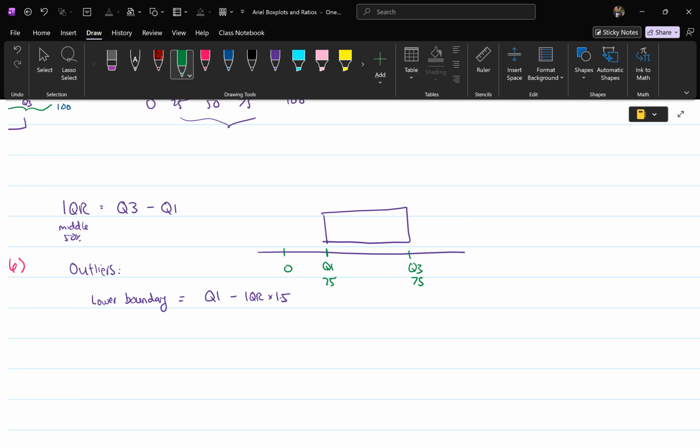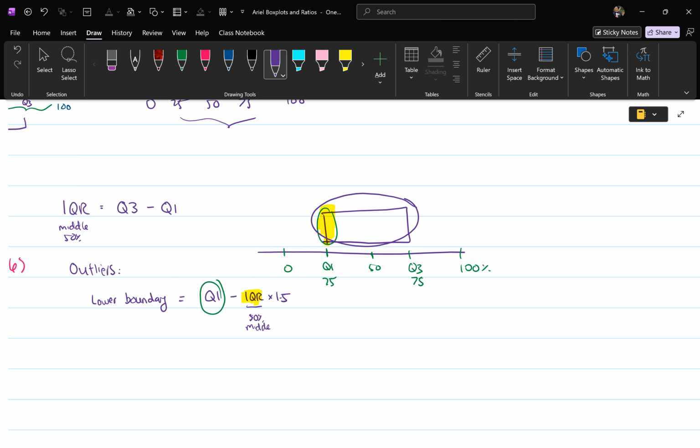There's a minimum 0 and a maximum of 100%, and the median somewhere in the middle. You're taking Q1 and saying minus, which means go this direction, minus IQR. Now, what does IQR mean again? Remember, IQR is the middle 50%.